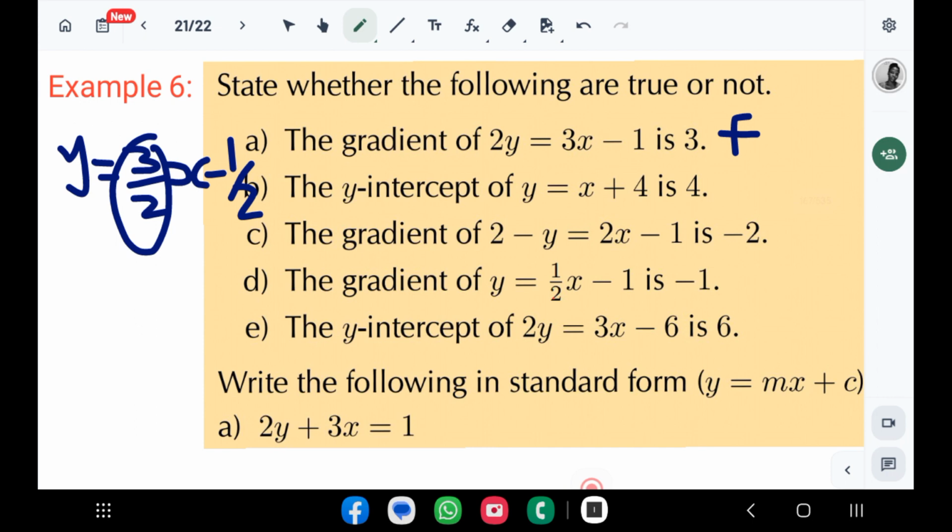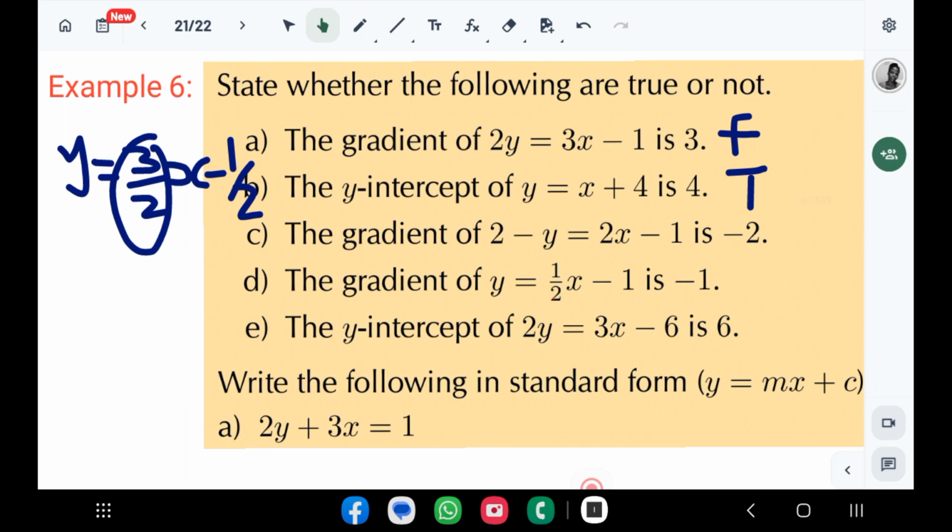Number B, the y-intercept of y equals x plus 4 is 4. That is correct. It's true. The gradient of 2 minus y equals 2x minus 1 is negative 2. Let's see what happens when you rearrange the equation. Take everything to the right hand side.